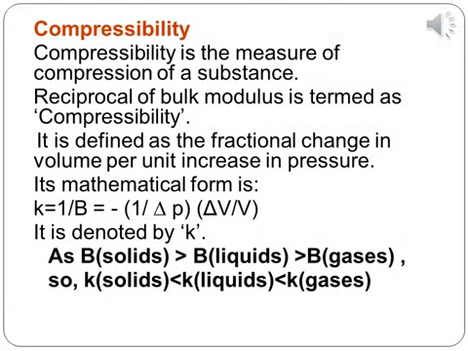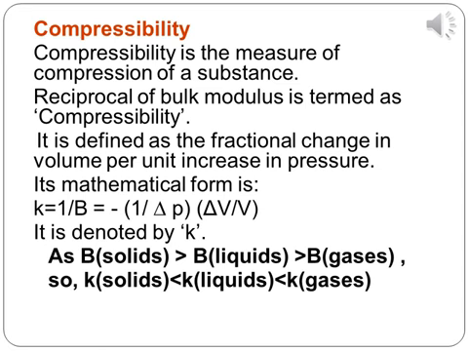Then, what is the compressibility of a substance? Compressibility is the measure of compression of a substance. It is just the reciprocal of the bulk modulus of a substance. It can be defined as the fractional change in volume per unit increase in pressure.